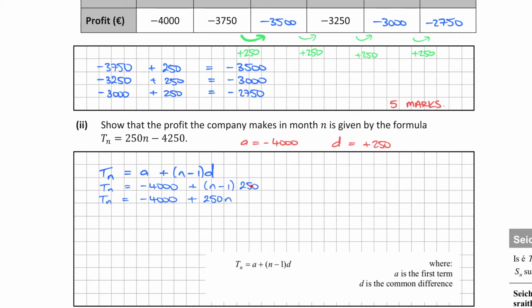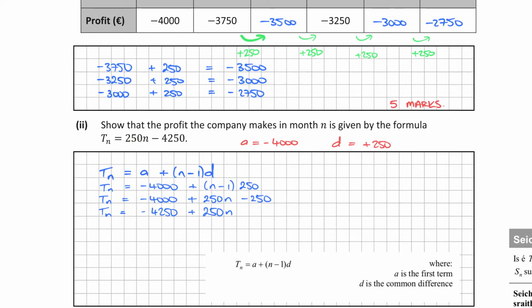And 250 times negative 1 gives you negative 250. So T of n will be equal to, if we collect our numbers together, negative 4,000 minus 250 more will give us negative 4,250 plus 250n.